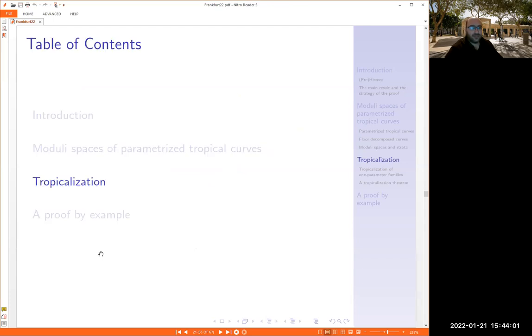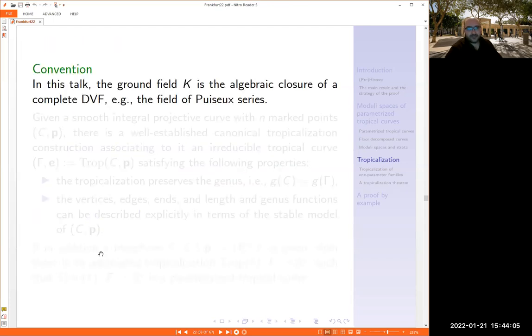Okay, good. So then let us discuss a little bit tropicalizations. For tropicalizations, we will work over the algebraic closure of a complete discretely valued field. So the field itself is not discretely valued, its algebraic closure, so the valuation admits rational values. You can think about the field of Puiseux series if you wish, or any other field of pure or mixed characteristic, it doesn't really matter.